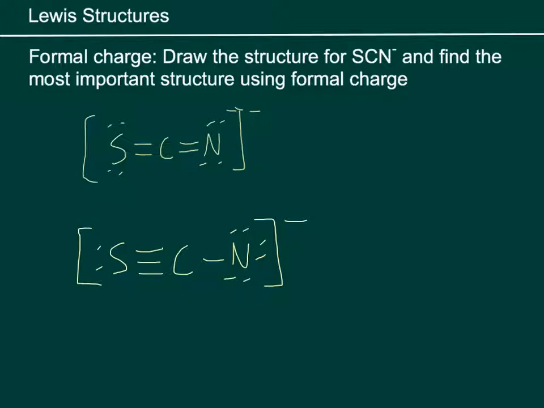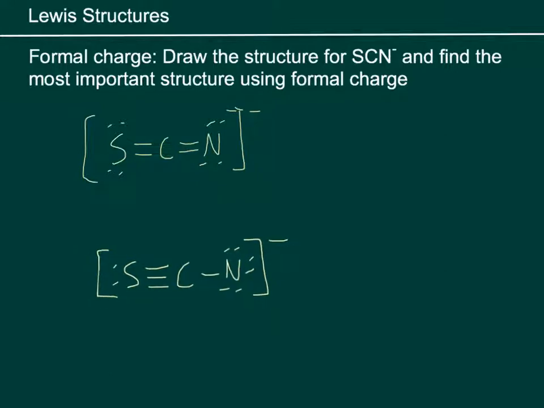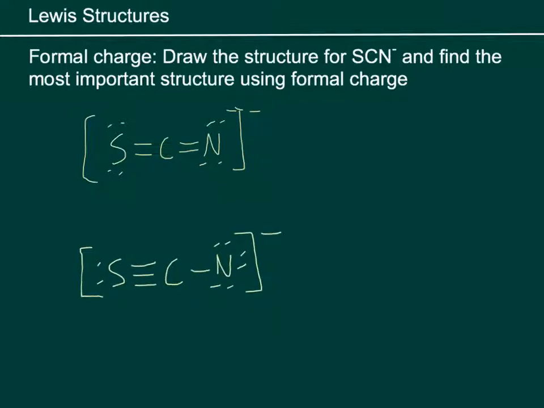This negative charge part becomes quite important, and the reason that the brackets with the negative charge are so important is that we're going to be writing in formal charges, minus ones, plus ones. You need to make sure that the overall charge doesn't get lost in the shuffle. Okay, so sulfur to carbon, and we've got a triple bond now to the nitrogen.